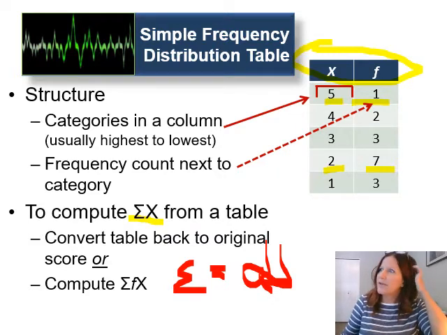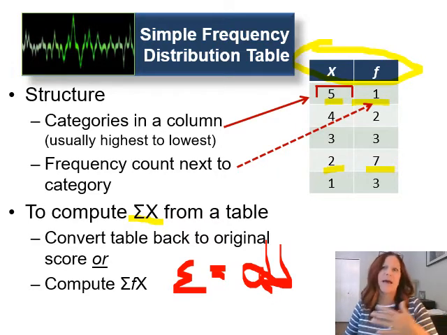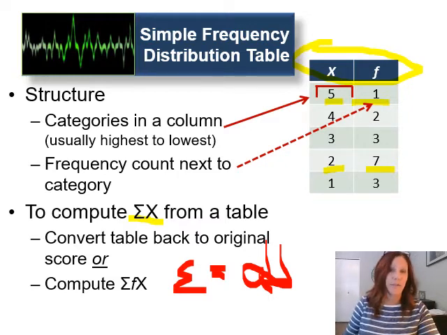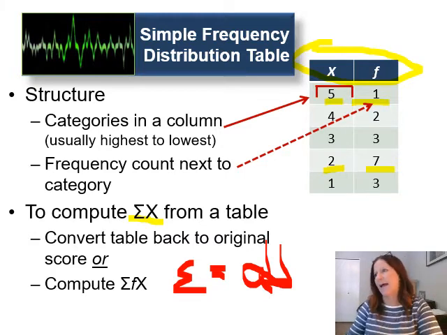So we could either convert that table back to original scores and write down 5 once, 4 2 times, 3 3 times, and then add them up.